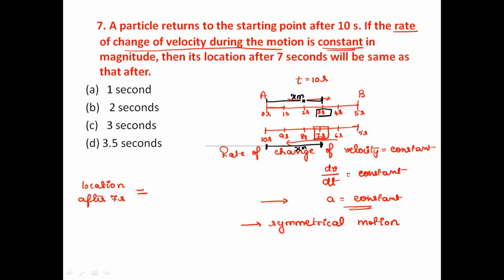When the time was equal to 7 seconds, the displacement was x meter. Here there is a symmetry which indicates that the displacement at 7 seconds will be the same as the displacement at 3 seconds. That is why I can write location after 3 seconds will be the same. Hence I can write the time t. The correct option is option C.